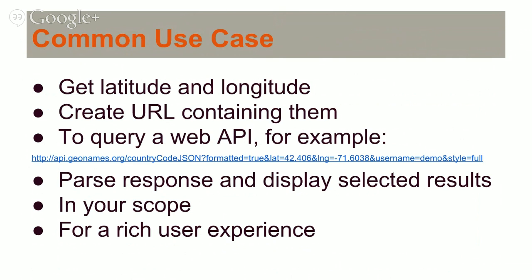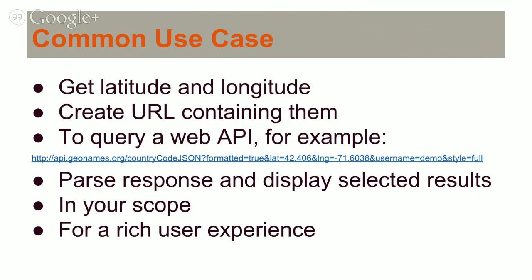Right, so the most common use case so far is, in fact, to get the latitude and the longitude, as I just said, to create a URL and to query a web API. Now, I provide an example here of a web API URL, which doesn't always work. The reason is that if you look at it closely, there's a username in that URL.